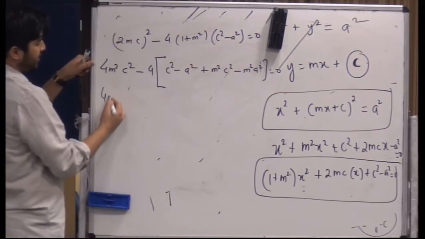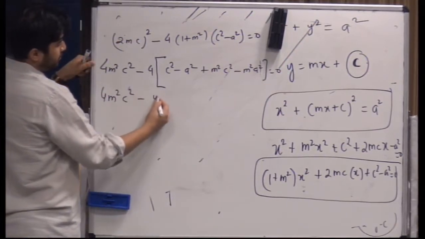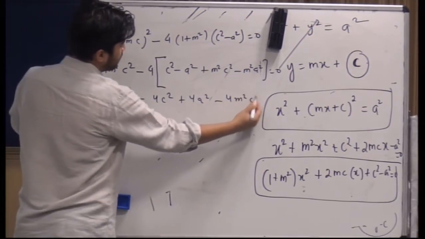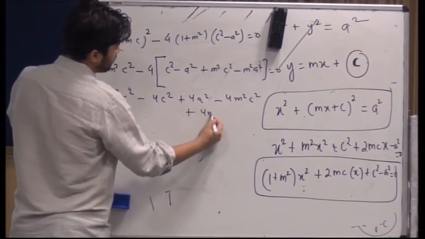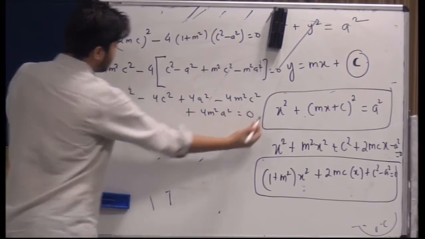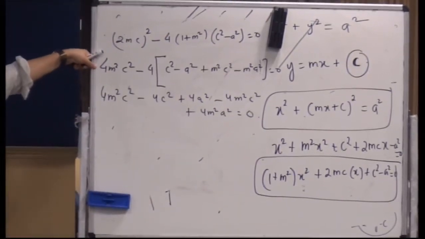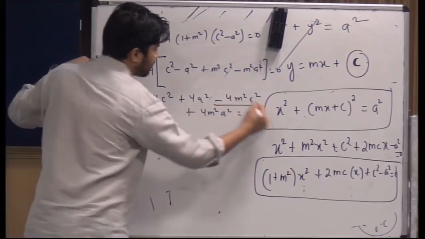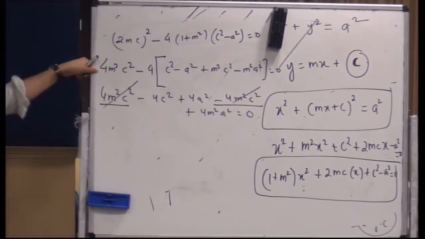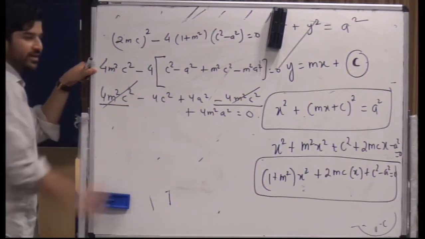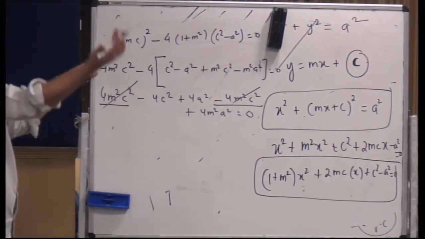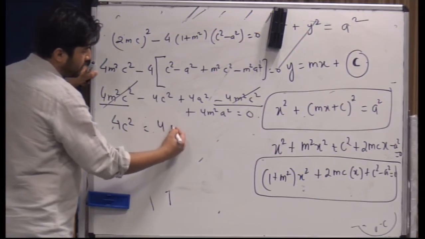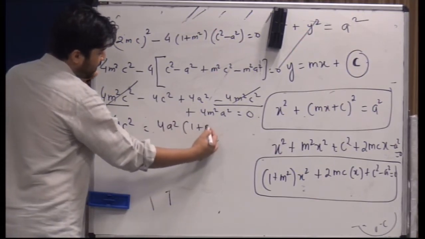Now do you see anything getting cancelled? So these are getting cancelled. Now you see a negative term here and both the others positive, so the negative one would be shifted there. So I can say 4c square is equal to 4a square into (1 plus m square).